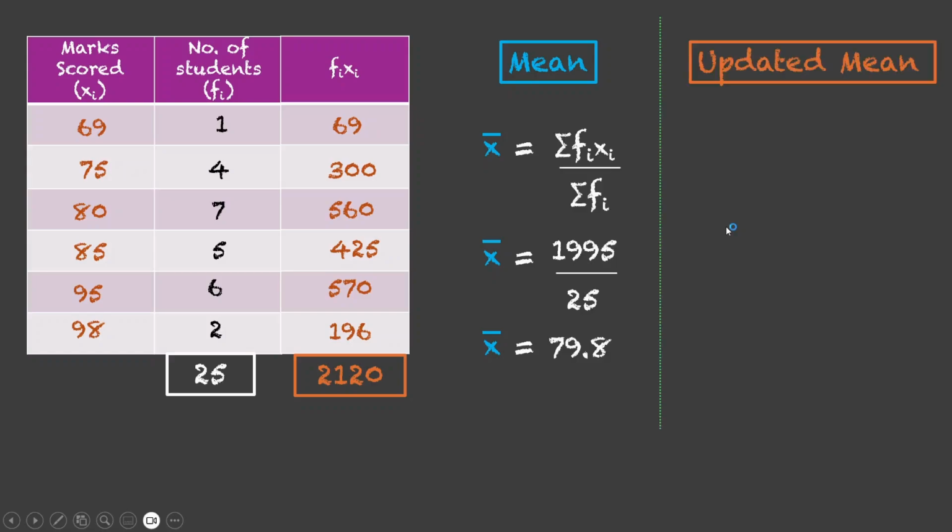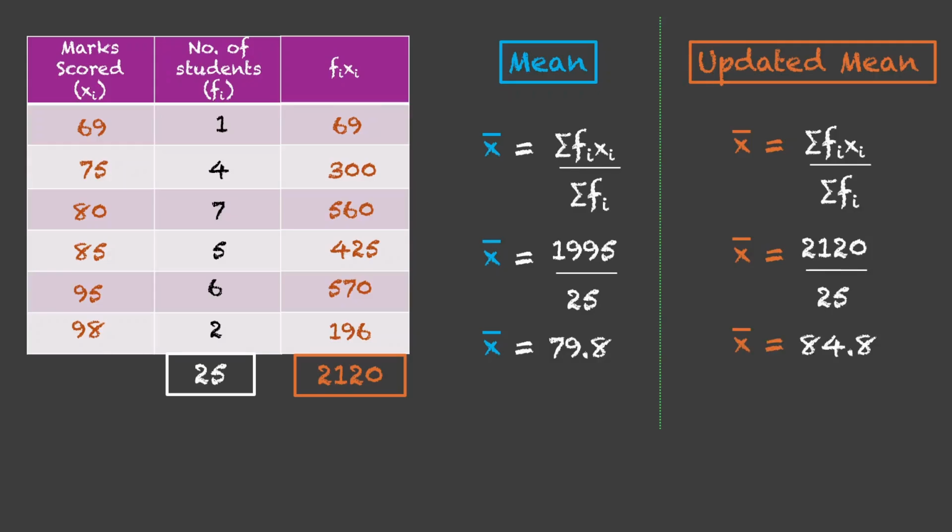The updated mean would be summation of fi xi upon summation of fi, which is 2120 divided by 25, and this comes out to be 84.8. So we see that when we added 5 to all the data values, the mean also increased by 5. 79.8 plus 5 is 84.8.